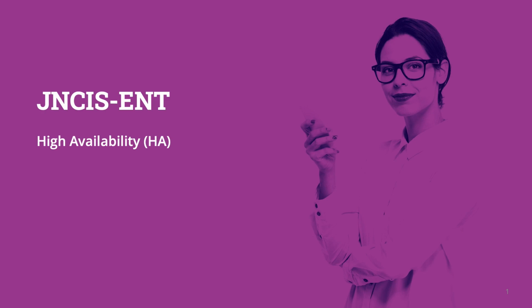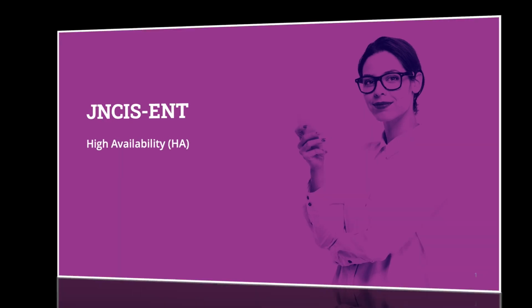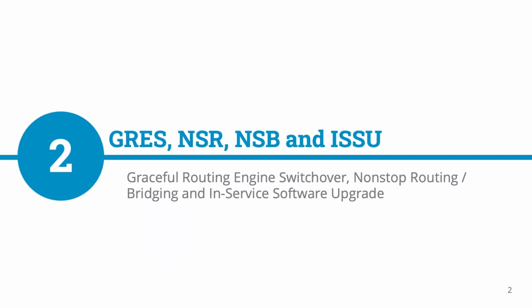In this section of the course, we're reviewing high availability, what it means, and features to be used to facilitate a highly available network. In this lesson, we'll be reviewing 4 high availability software features available in some Junos devices.